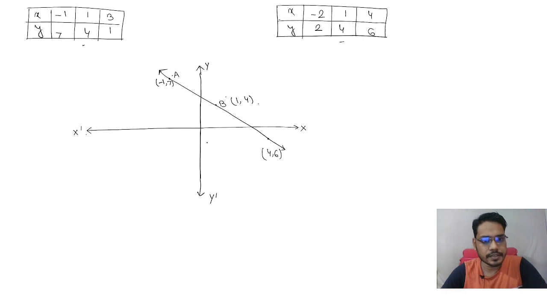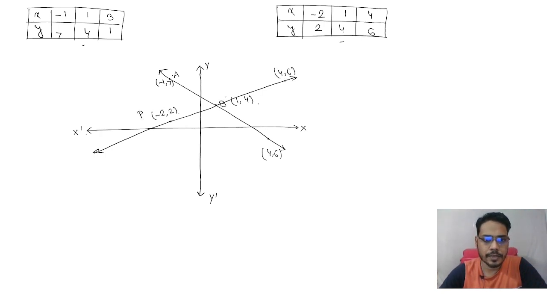So this is a line, and there is another line that will intersect here. So it is minus 2 comma 2. So this will be the point minus 2 comma 2, and it is 1 comma 4, then it is 4 comma 6.